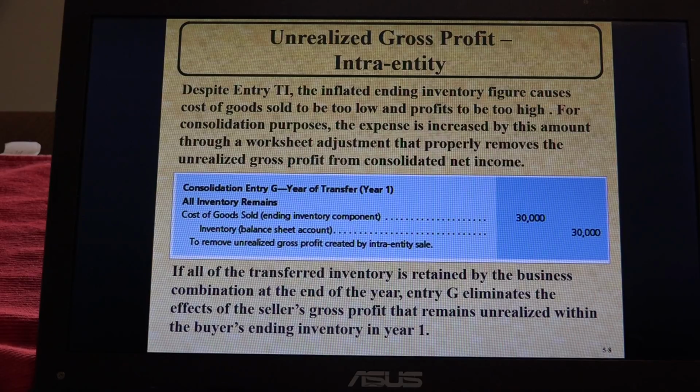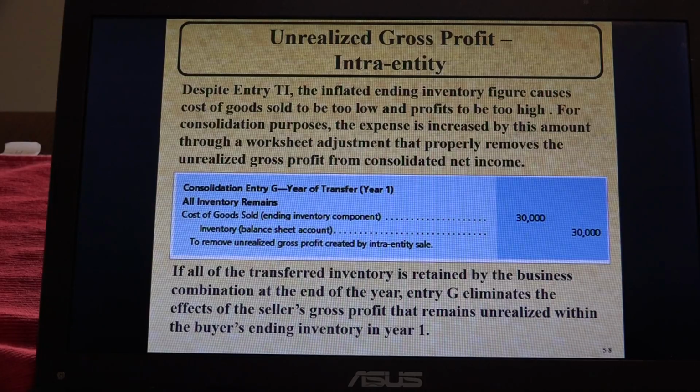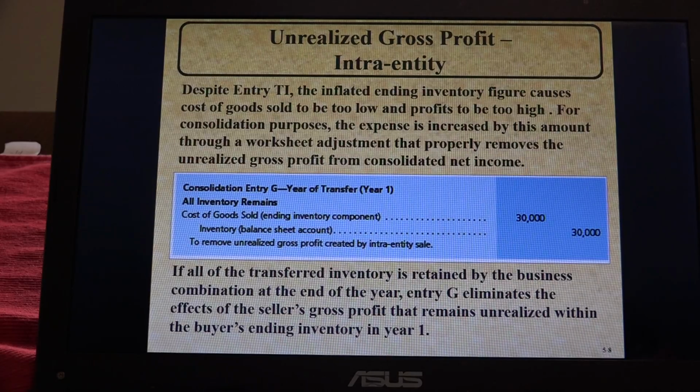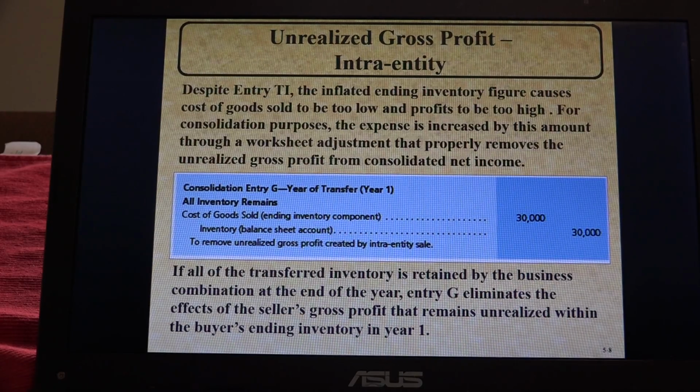And so you're going to debit or increase cost of goods sold by the $30,000, the amount of gross profit in this transaction, and you're going to reduce inventory by crediting inventory $30,000.